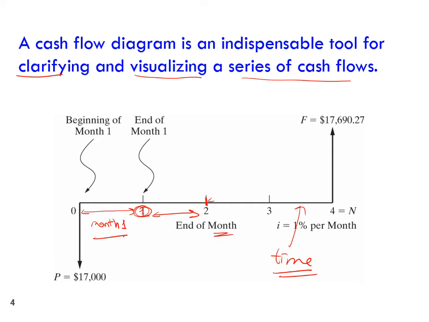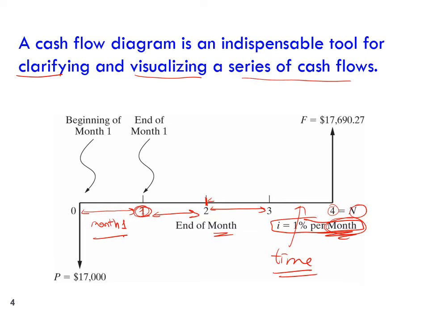Month 3 starts here and ends here. So in this example, interest is given as 1% per month. So the interest period is month. And we are considering 4 months, which means that there are 4 interest periods in this example.